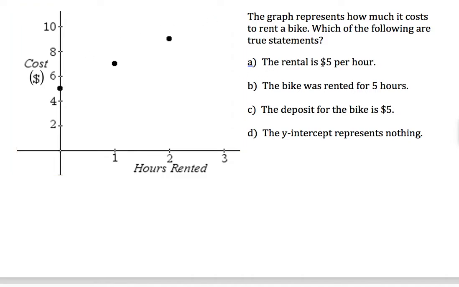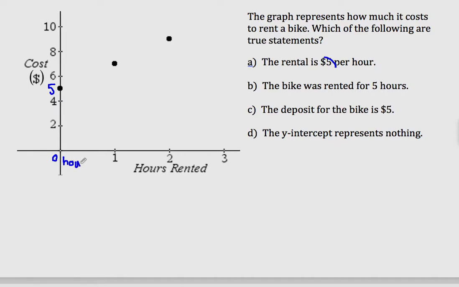So the rental is $5 per hour. That is false. And the reason why is because of the number 5 here. So this dot is at 5, but this on the y-axis, we are at 0 hours, right?